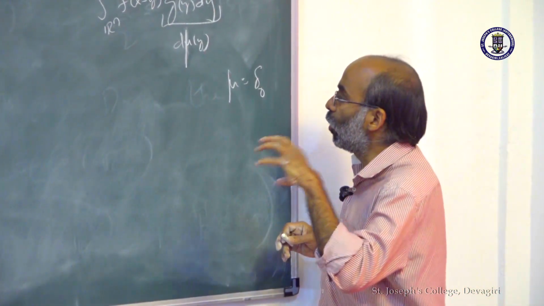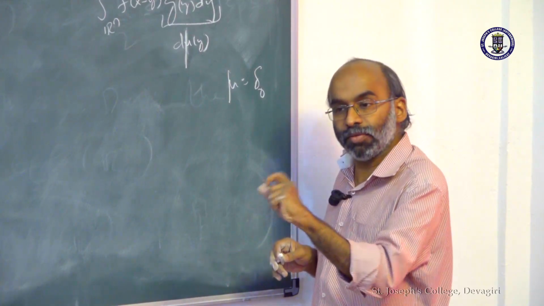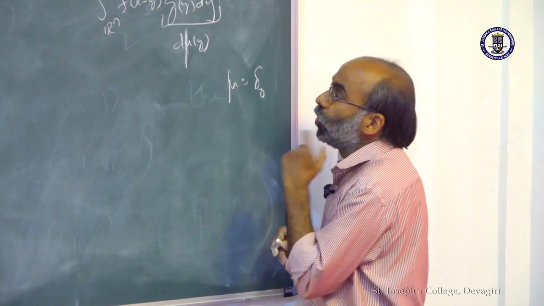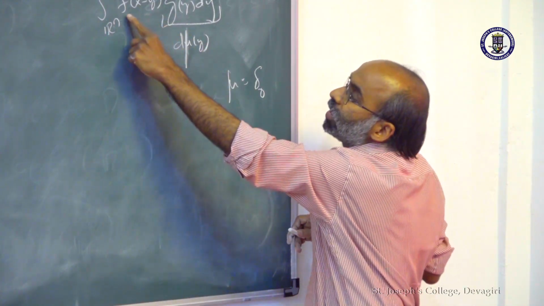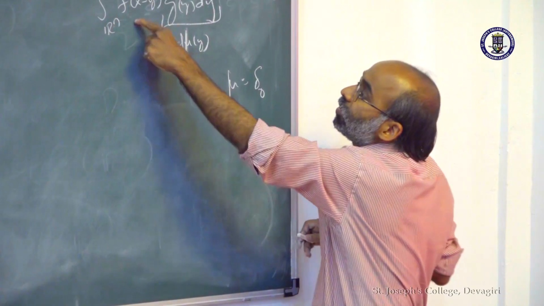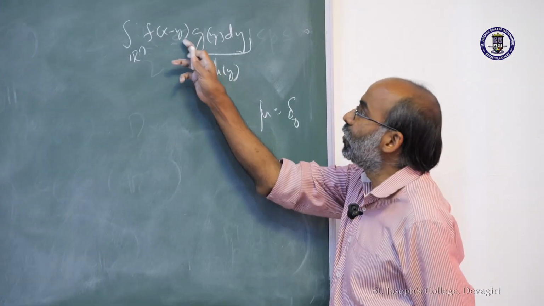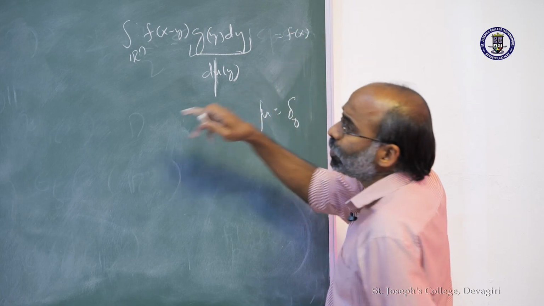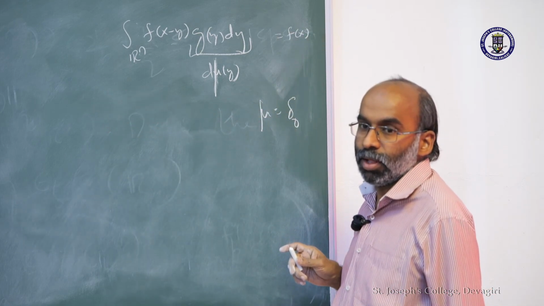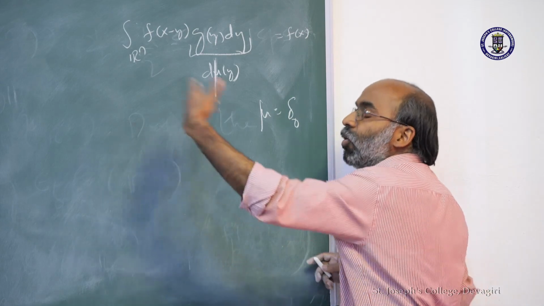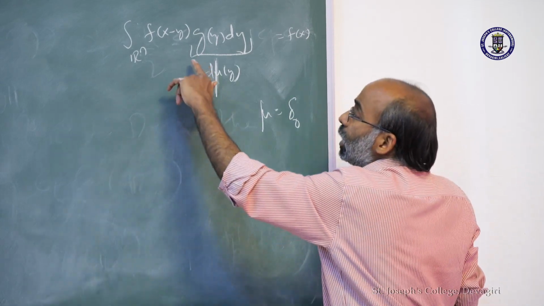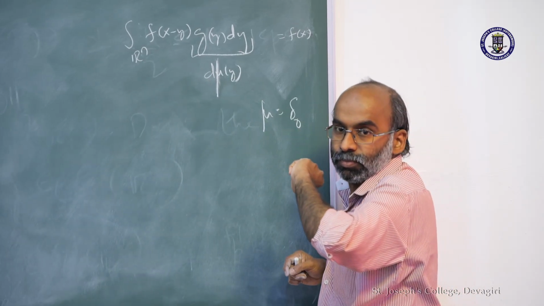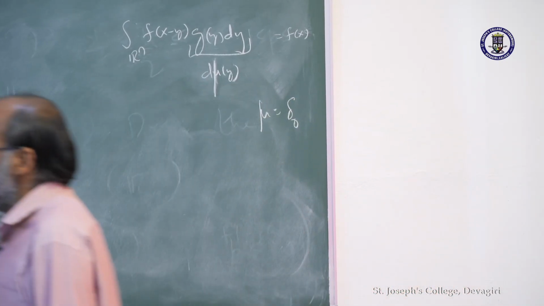If I take a Borel set, its measure is 1 if it contains 0, otherwise it is 0. So the integral will be just evaluation at y equal to 0, that is f of x, and that is precisely the identity property. So if I include the measures, then there is an identity. But there is no function which will do this, that is the point.